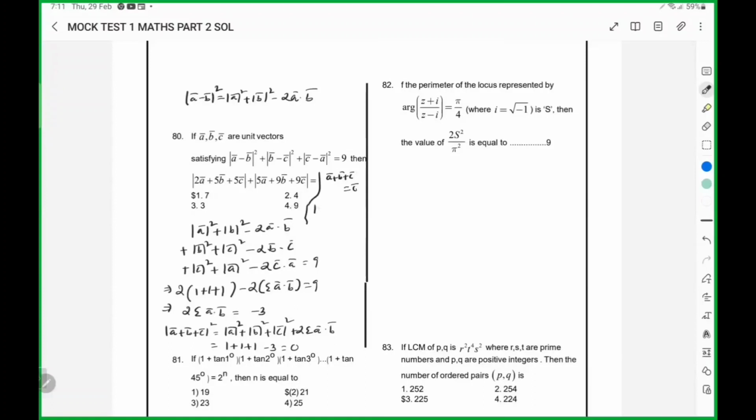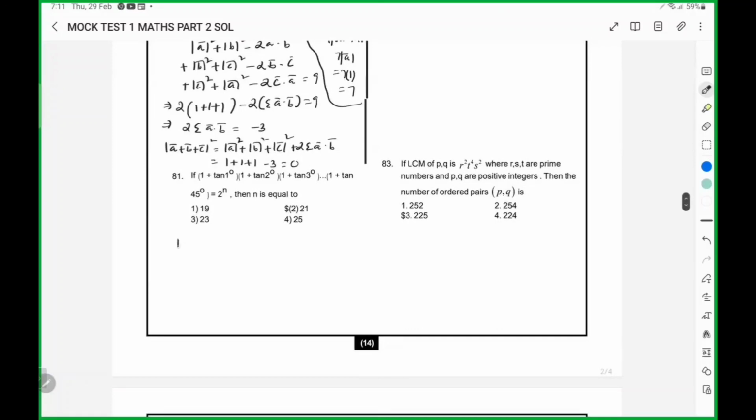From this, 2a plus 5 times b plus c. B plus c is minus a, so 2a minus 5a. B plus c is minus a. So 3a plus 4a, 7 times mod a. So the answer is 7.